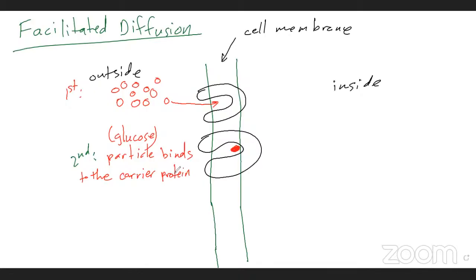Once it binds to the carrier protein, it is going to cause the protein to turn around to the inside of the cell and face the inside of the cell. The particles bind to the carrier protein.